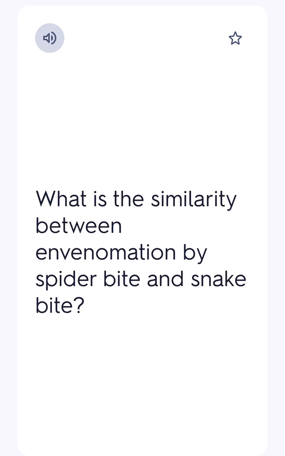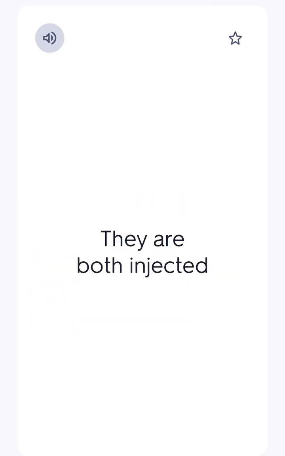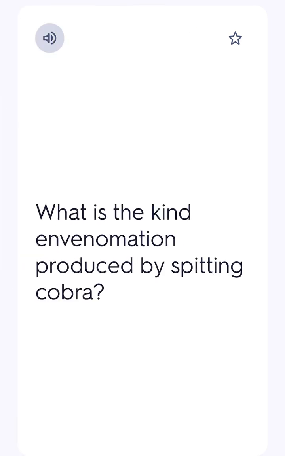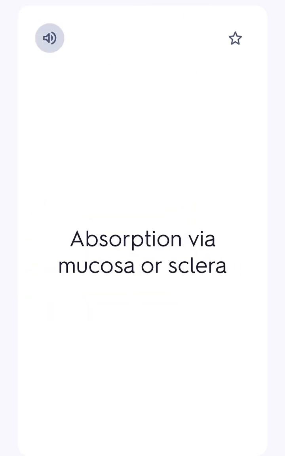What is the similarity between envenomation by spider bite and snake bite? They are both injected. What is the kind of envenomation produced by a spitting cobra? Absorption via mucosa or sclera.